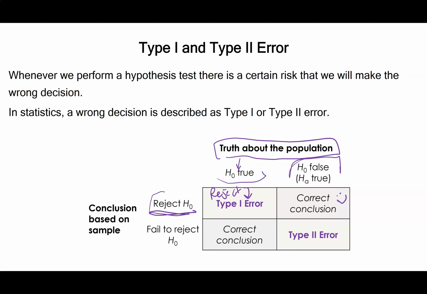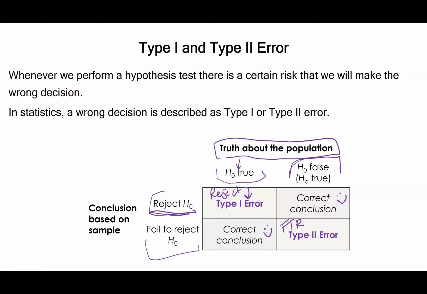Similar to here, if the null is true and you fail to reject, that's good, because if the null is true, you don't want to reject it. Type 2 error is a scenario where the null is not true, but you fail to reject it. You should have rejected it, but you didn't.